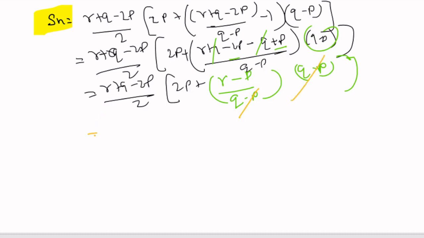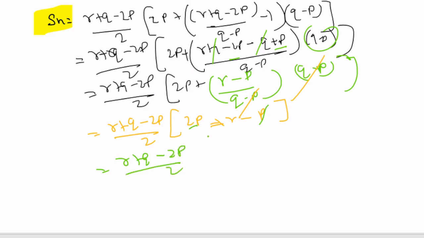So remaining is (r plus q minus 2p) divided by 2p, and what is remaining now here? Plus r minus p. Again here minus p plus 2p, so remaining will be only p. So r plus q minus 2p, here it will be r plus p. While substituting the value of n, I should be writing q minus p because that's the value we got, right?